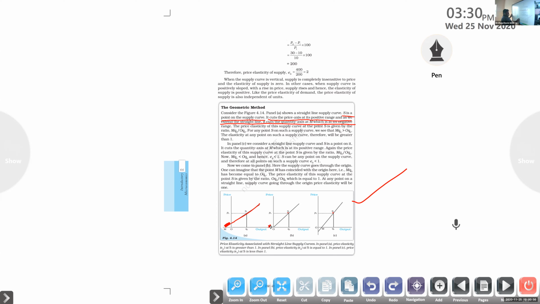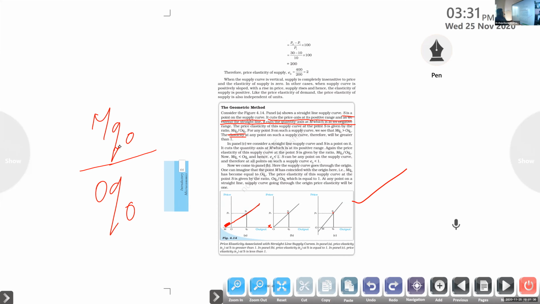In the x-axis, at the negative side of the price axis or the vertical axis, you can see point M. By completing the supply curve, we got a point here, that is point M. So the equation is MQ0 divided by OQ0.